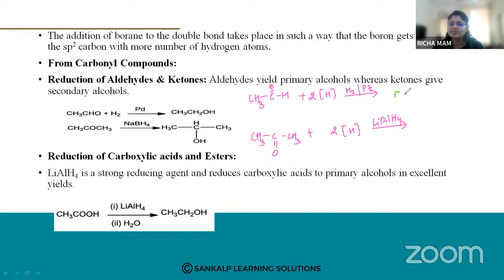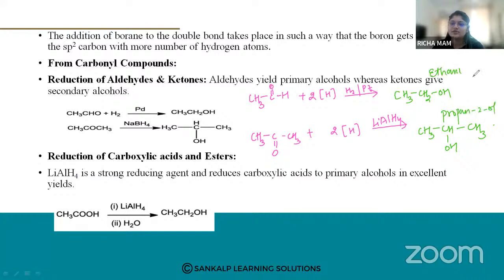Here it will be CH3CH2OH, and here it will be CH3CHOHCH3. So this is propan-2-ol and this is ethanol.